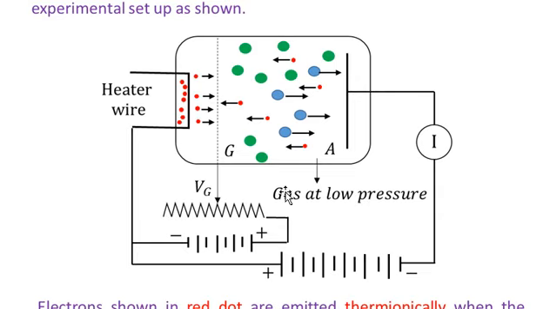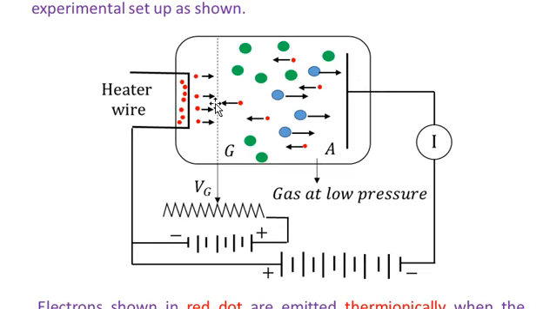A stage will be reached when the voltage Vg is such that the kinetic energy acquired by the electrons accelerated towards the grid G is given by e times Vg. So the electronic charge e multiplied by the grid voltage Vg gives the kinetic energy of those electrons.